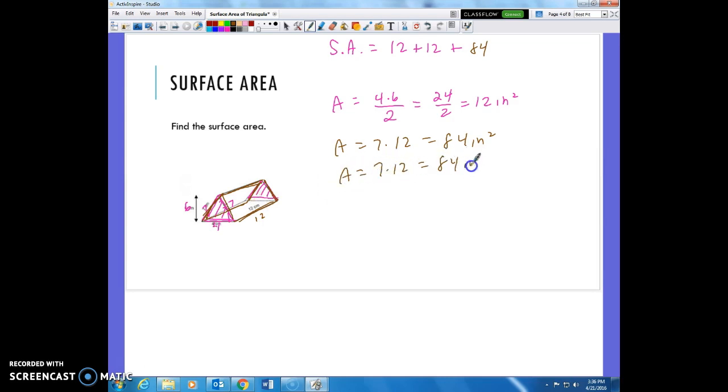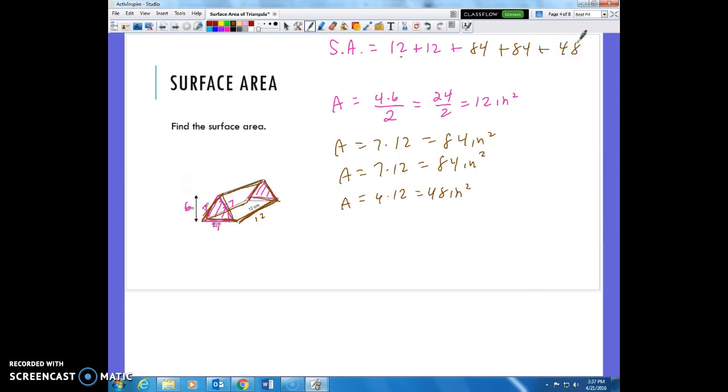Again, 84 inches squared. And finally, the bottom rectangle. Looks like I have a 4 by 12, 48 inches squared. So we should have a 12, a 12, one for each base of the triangle, an 84, an 84, and a 48.